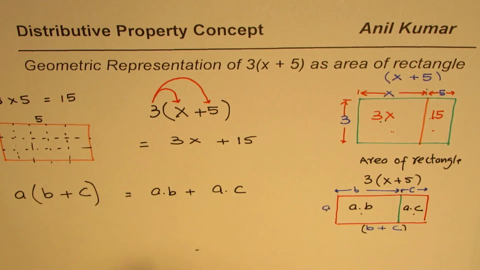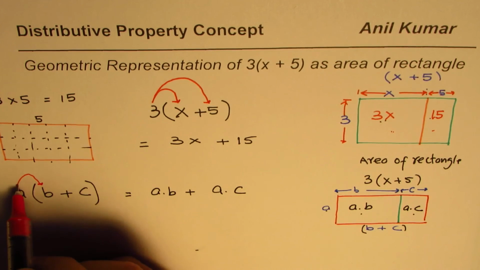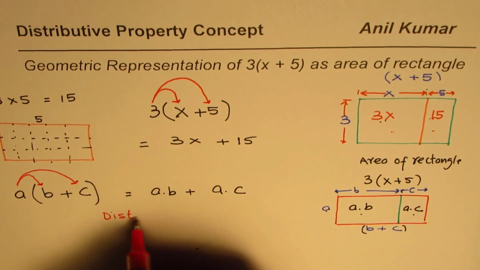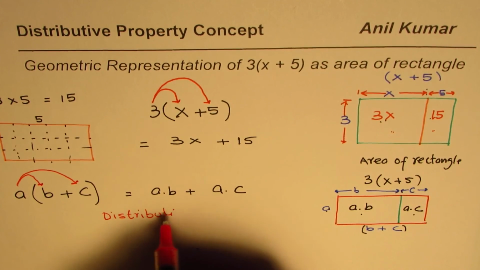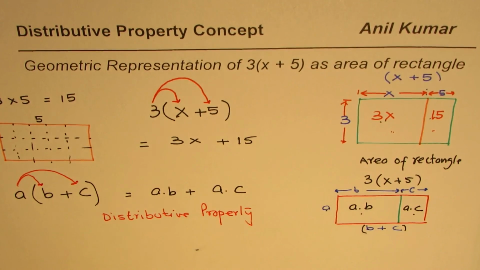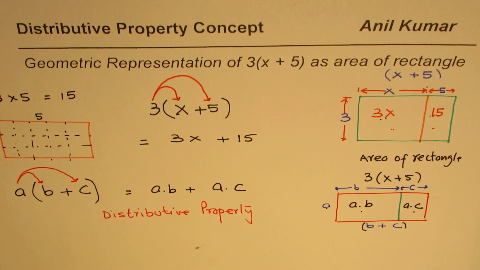So effectively, we have multiplied both these terms by a, which was outside, right? This is called the distributive property, where a binomial is being multiplied by one term. We'll further explore it with a few more examples. I hope you understand the very basic concept. Thank you and all the best.